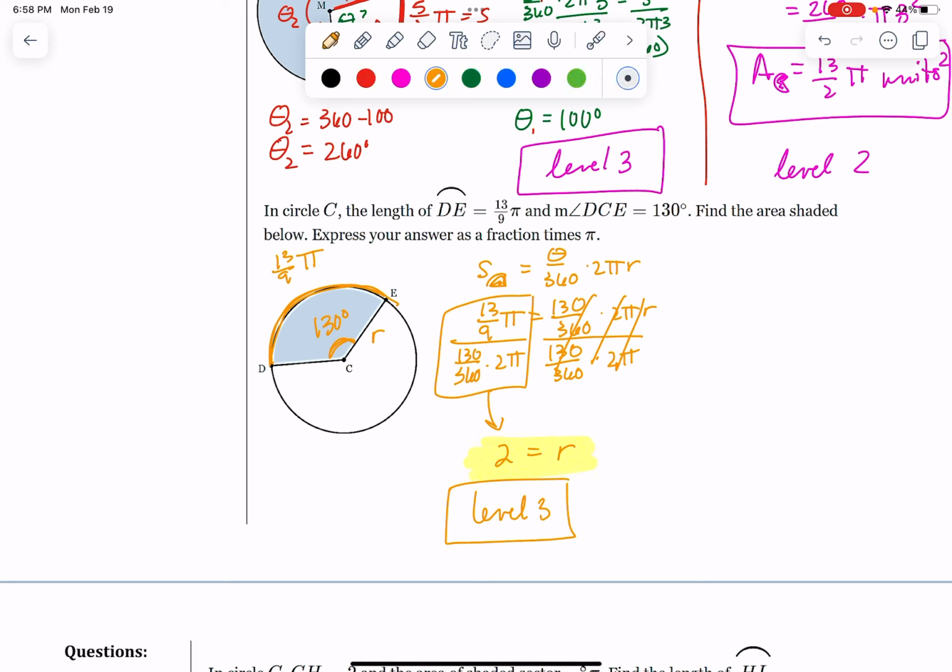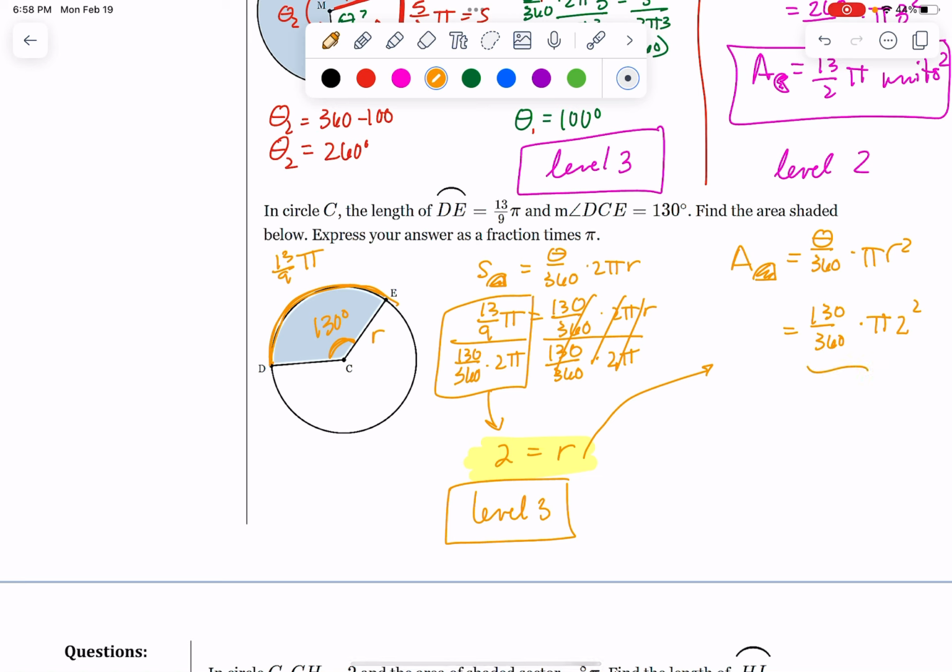So now I need to find the area of that little piece. And that's, again, theta over 360 times pi r squared. So theta, still 130 over 360 times pi 2 squared, because here's my radius.